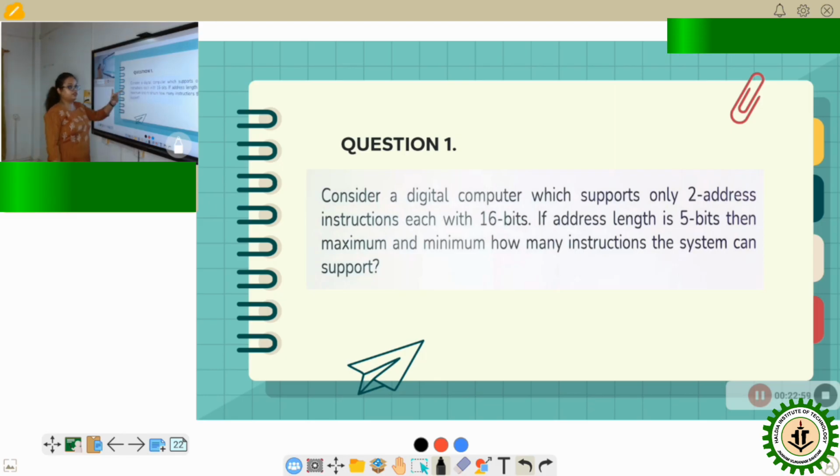Now this is a question for you. Consider a digital computer which supports only 2 address instructions, each with 16 bits. If the address length is 5 bits, then find the maximum and minimum number of instructions the system can support. For this, first we have to draw the diagram, that is the instruction format.